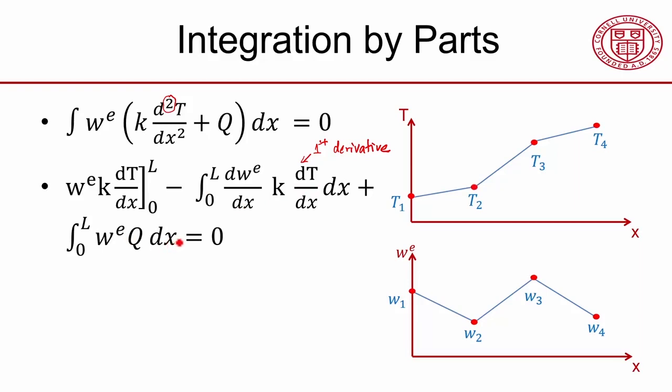Which means that this form has fewer restrictions on the shape you assume. For that reason, this is called the weak form. And the original differential equation is called the strong form.